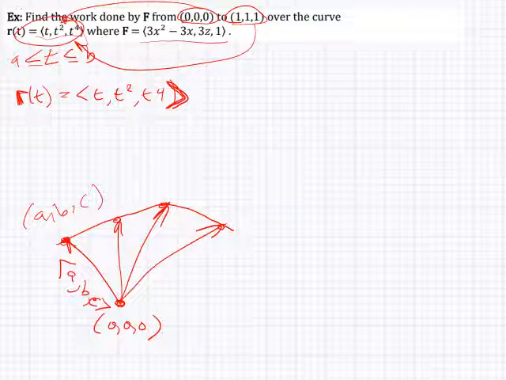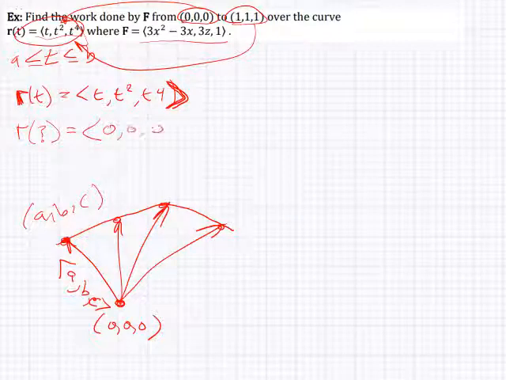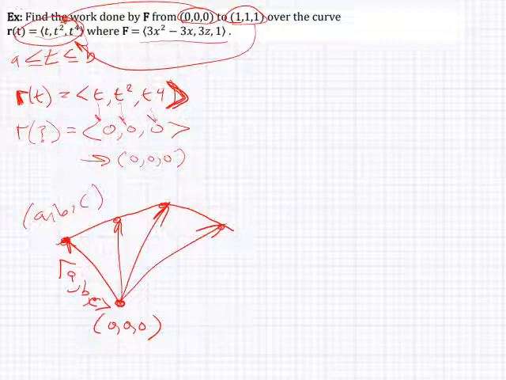So what I need to do is figure out what t value I plugged in that got me 0, 0, 0 as my vector, which then pointed to the point 0, 0, 0. So the t value I plugged in has to make this 0, and this 0. Well, the only t value for which that's going to happen is 0. So the first value of t that we started with would be 0. Then we do the same thing all over again.